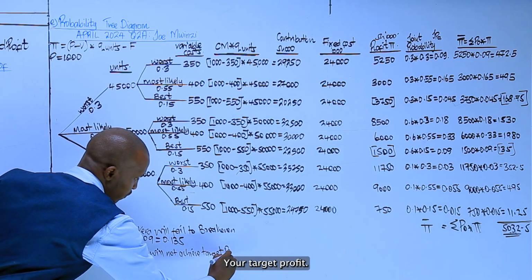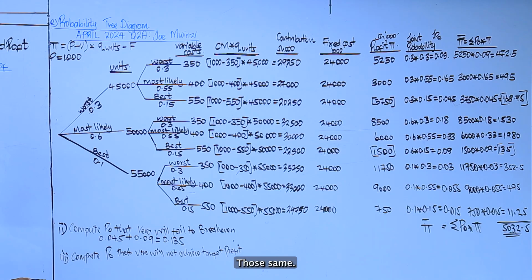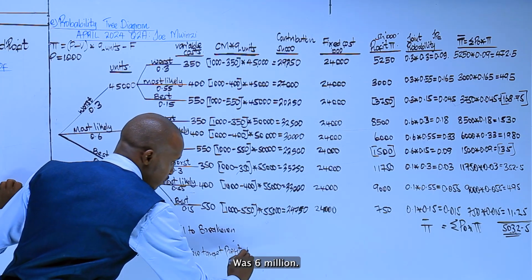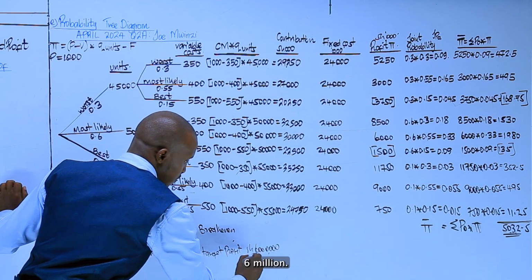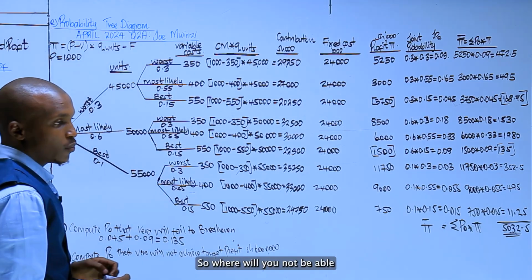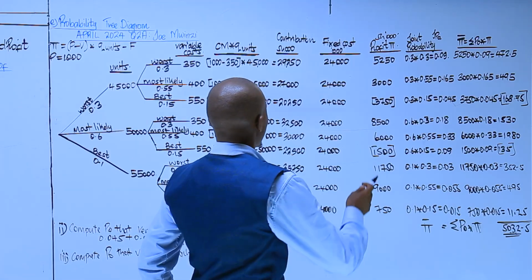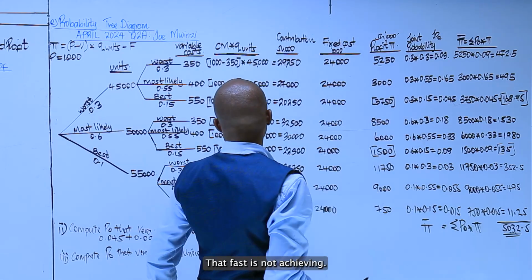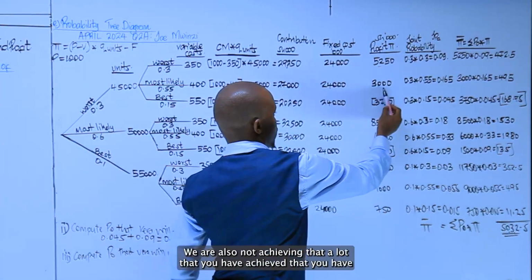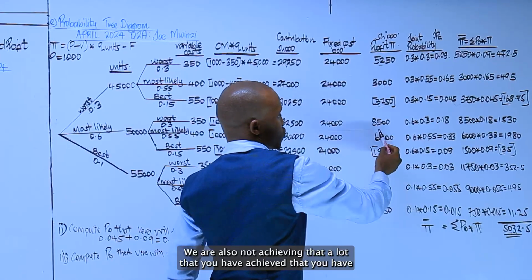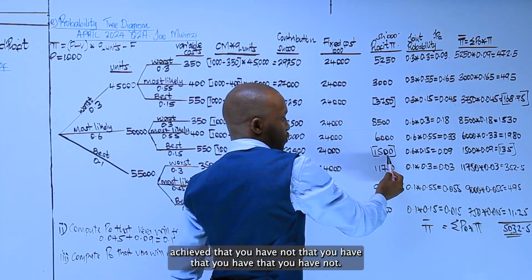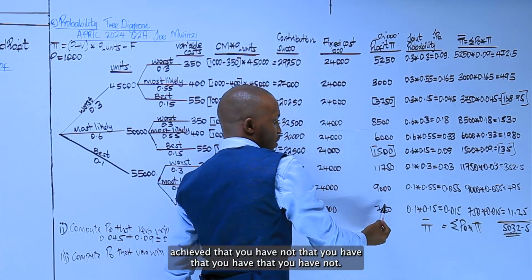Your target profit, they were saying, was 6 million. So where will you not be able to achieve your target profit of 6 million?